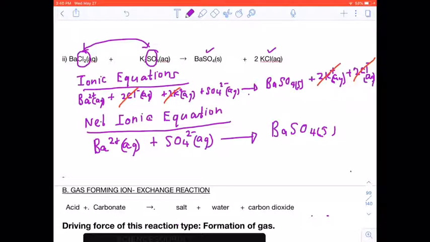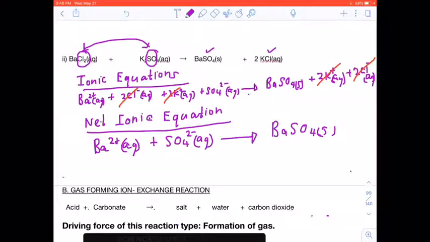Which essentially tells you that if you have Ba2+ ions in solution and sulfate ions in solution, irrespective of what the source of those Ba2+ ions are, right? Here in this case, your Ba2+ ions are from barium chloride.